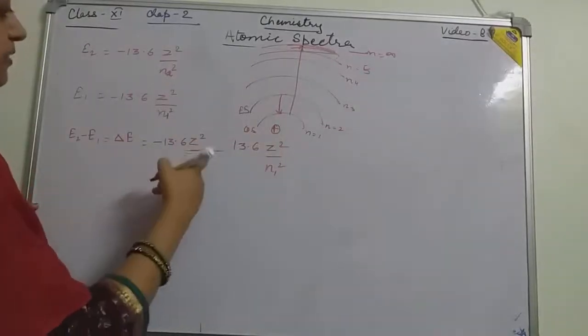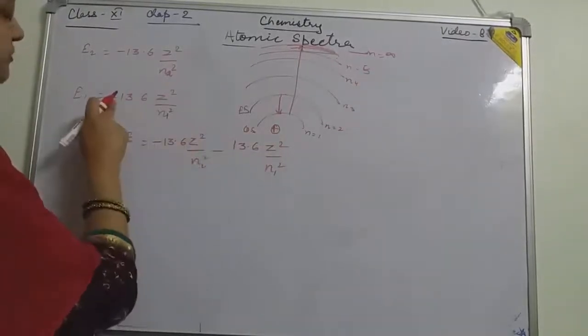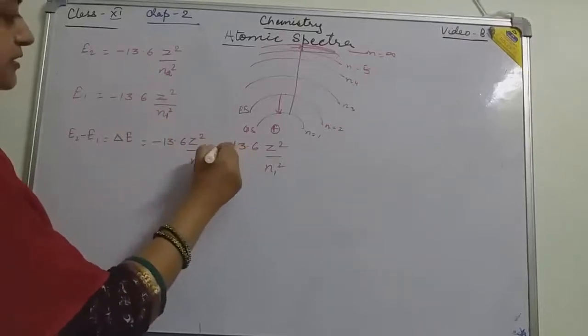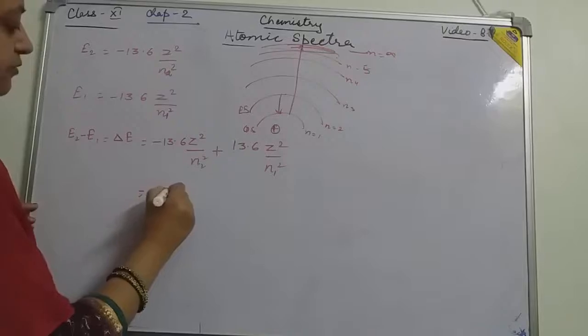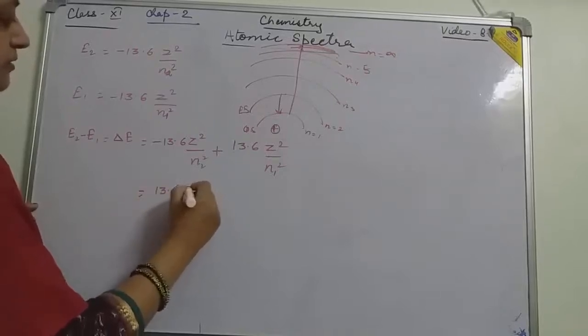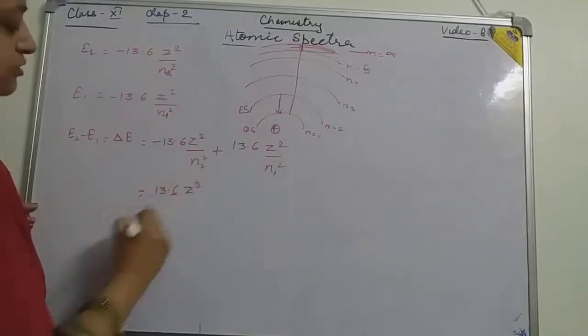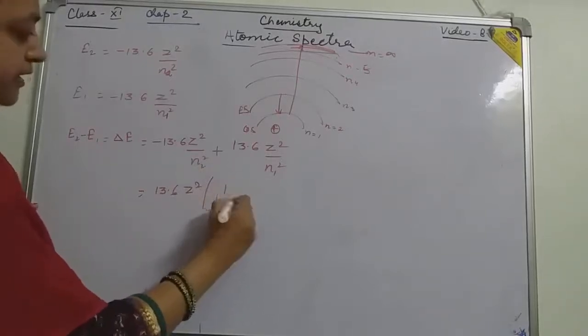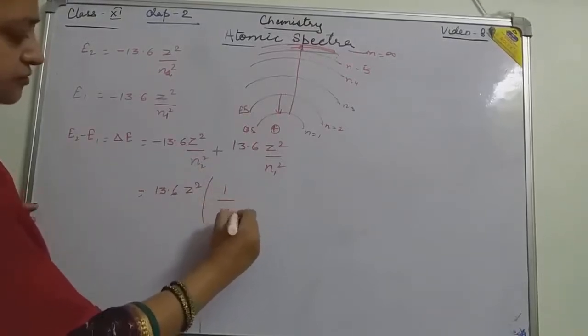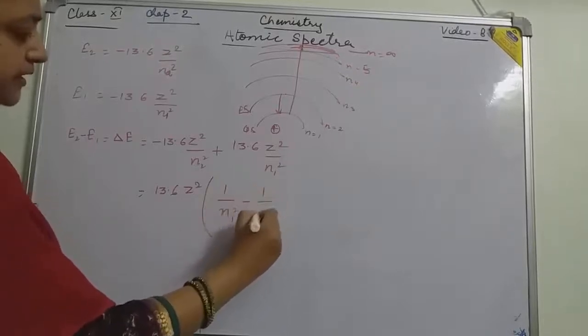This minus and this minus is equal to plus. So we can write 13.6 common, Z square also common, and it is now 1 by n1 square minus 1 by n2 square.